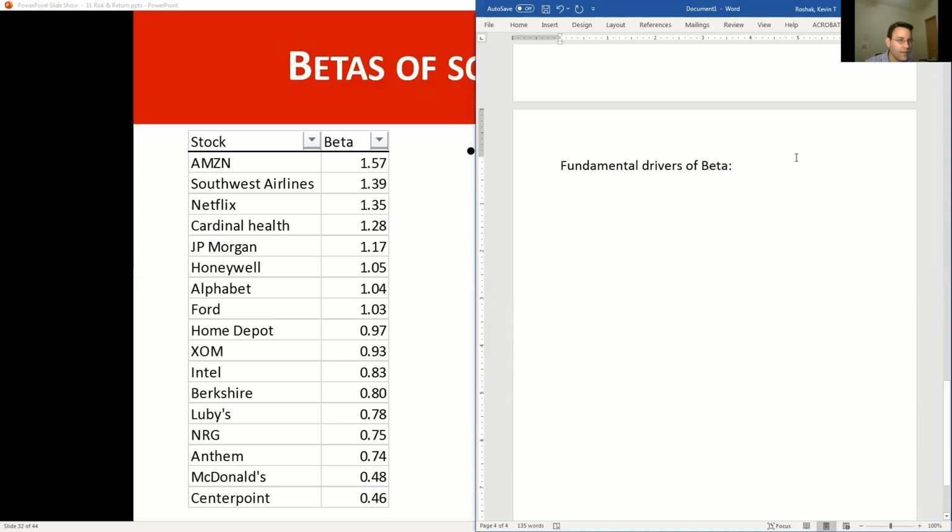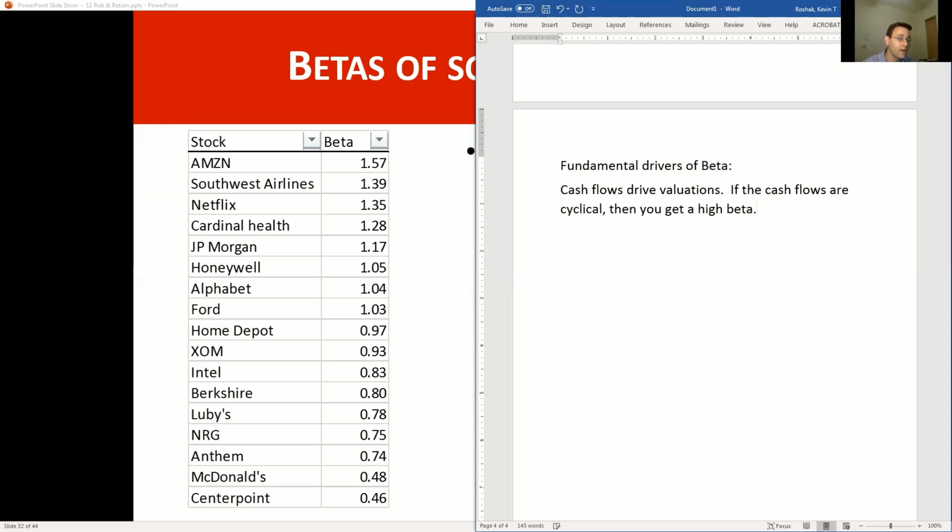What drives stock valuations? Remember, it's about cash flows. What is happening to the cash flows of the company? If the cash flows are cyclical, then you're going to have a high beta.